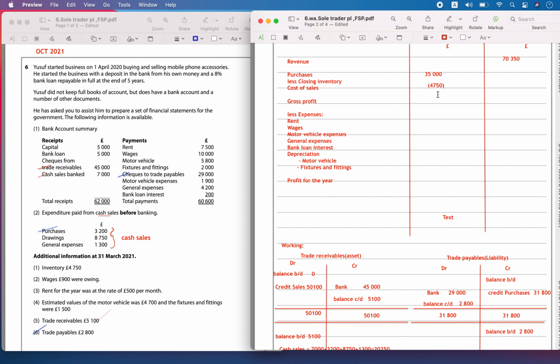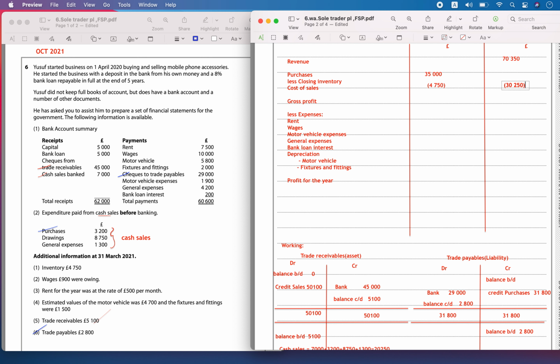So the cost of sales, okay, will be equal to 35,000 minus 4,750, that is equal to 30,250. Okay, this was the cost of sales.